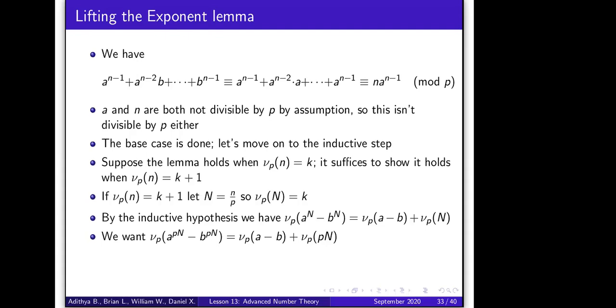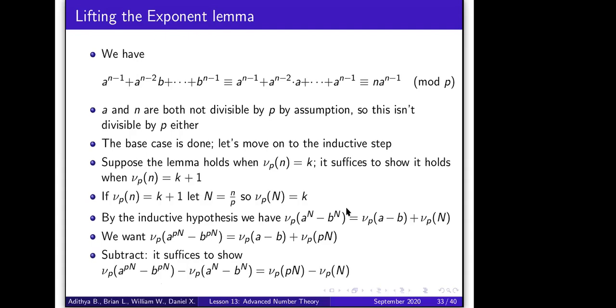We can take a look at the left-hand side in the final expression. It's the difference of pth powers. It's the pth power of a to the n minus the pth power of b to the n. And we have a to the n and b to the n in our inductive hypothesis. So somehow we can handle that.